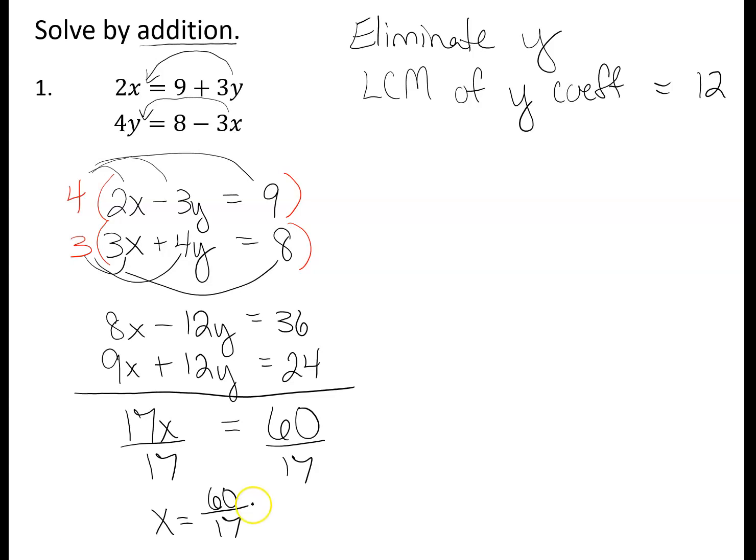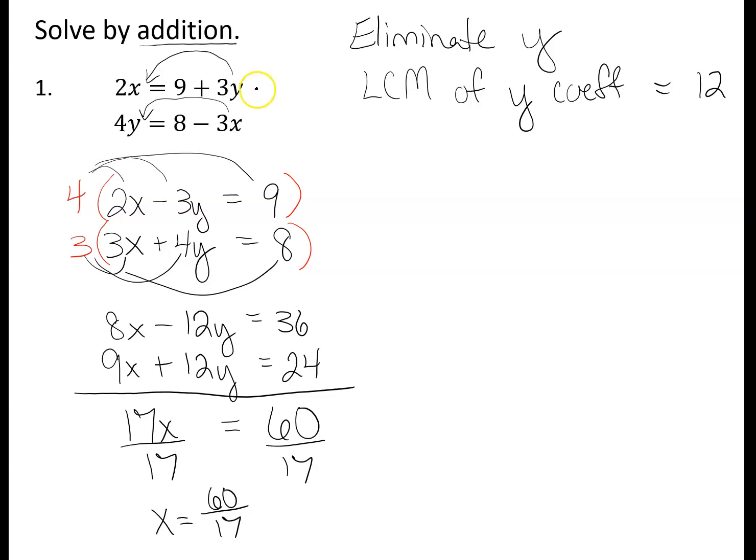So now we need to find the y value. We will plug back into one of the original equations. We don't have an equation like we did with substitution to go back into. So it's always back into one of the originals. Does not matter which.